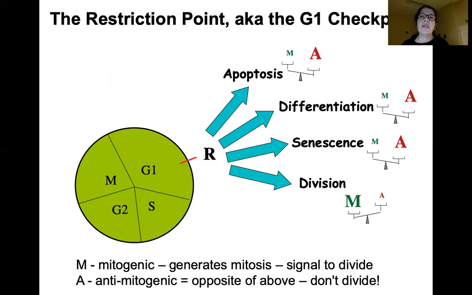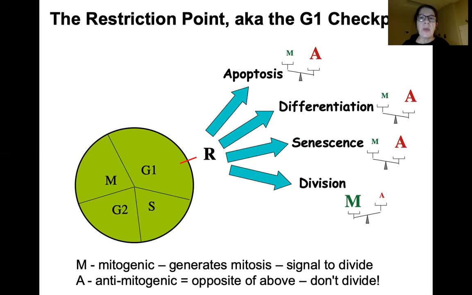So let's explore a little bit the G1 phase. The G1 phase has an important control point called the restriction point, or it's often also referred to as the G1 checkpoint. It's a checkpoint because this is where the cell checks all the information it has received and makes a decision. And the decision, once it's made, cannot be reversed.